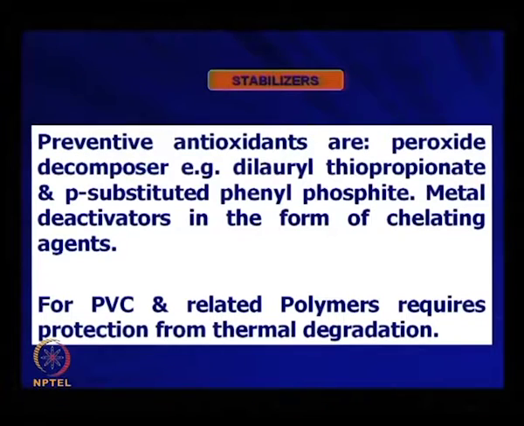And other stabilizers are preventive antioxidants and peroxide decomposers, dialkyl thiopropionate, para substituted phenyl phosphite, and metal deactivators in the form of chelating agents.